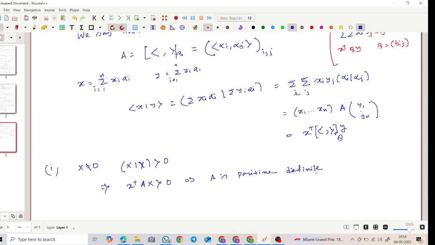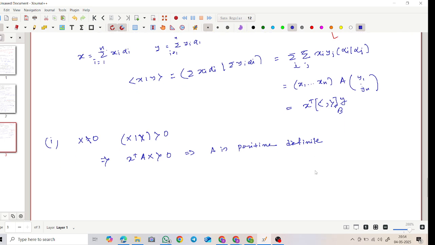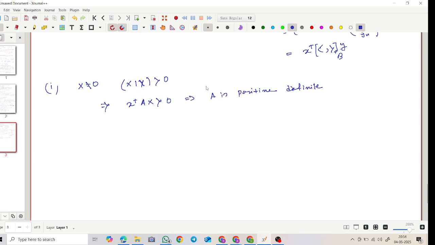That is the first time we have mentioned positive definite after the first given definition. So we are trying to bridge a connection between positive definite matrices and inner products. So it's positive definite. That is one thing.